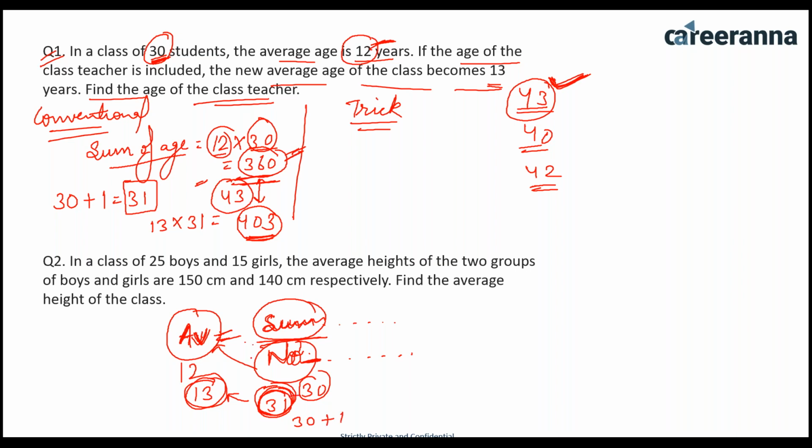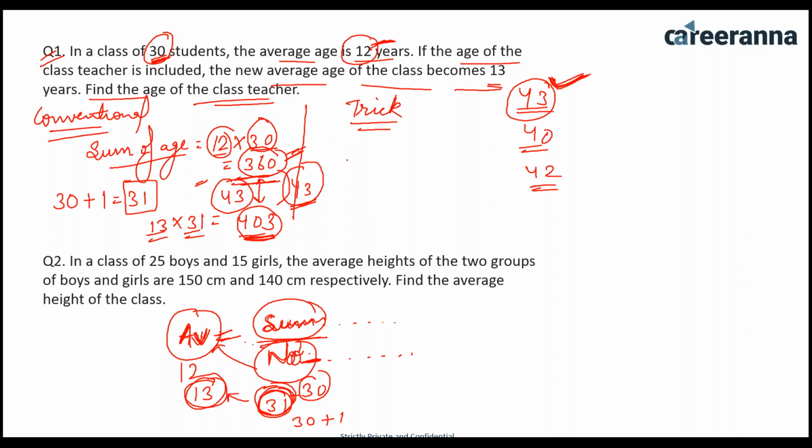Now the new sum of ages will be 13 multiplied by 31, which is 403. So the difference is 43, because the age of the teacher is 43. Is it clear to everyone? I think it is clear to everyone.